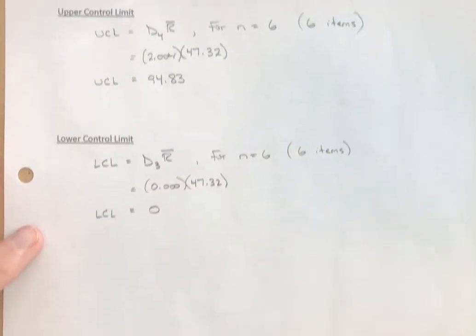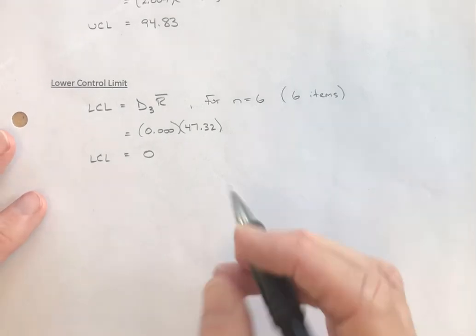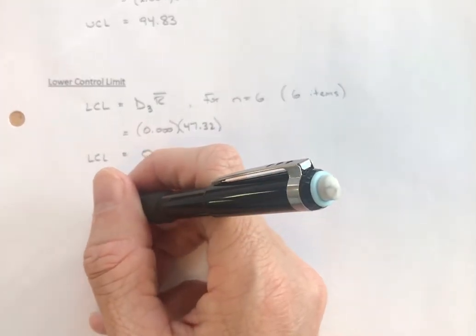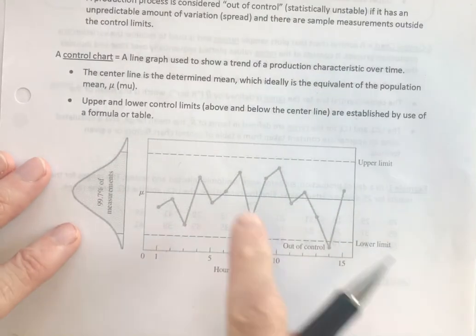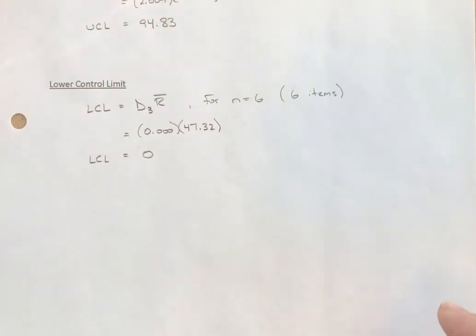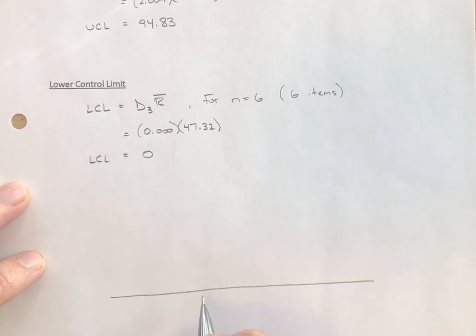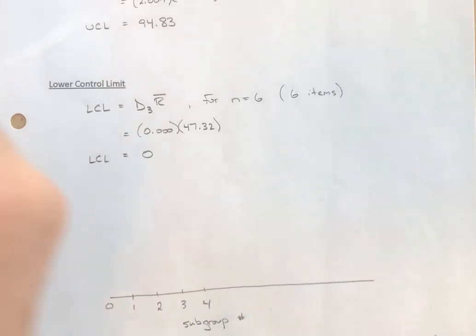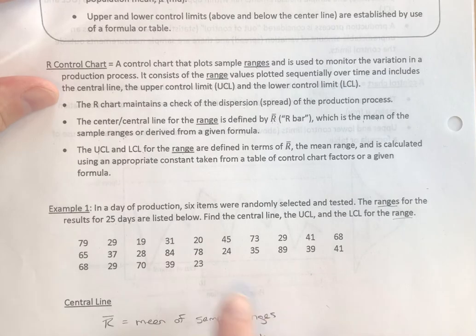Now let's just do a brief sketch to see what this looks like. We're going to make a chart like this one that is specific to our data. We'll do a horizontal line here, and this is going to be our subgroup number, because that's what we're looking at. We'll put a 0 here, but we had 1, 2, 3, and 4, etc. As you'll recall, we had 25 of these.